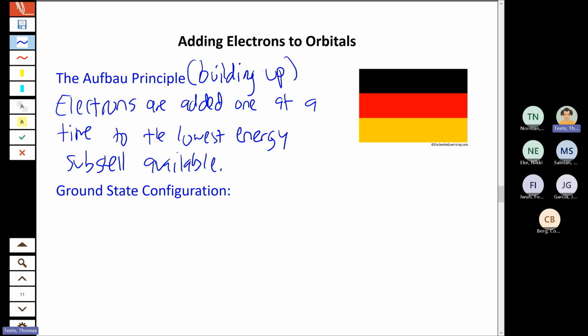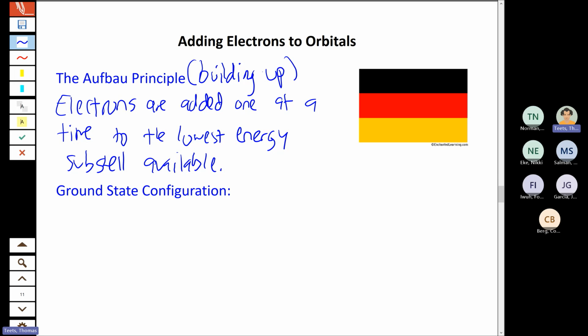If we follow this Aufbau principle and the Pauli exclusion principle, which we introduced earlier and says you cannot have more than 2 electrons in the same orbital, those 2 rules together give us what's called the ground state configuration. We talked about earlier that ground state means the lowest energy state. We talked about it in the context of hydrogen, but every atom has a ground state, which is the lowest energy arrangement of electrons possible.